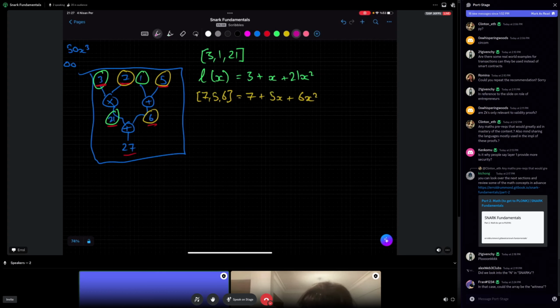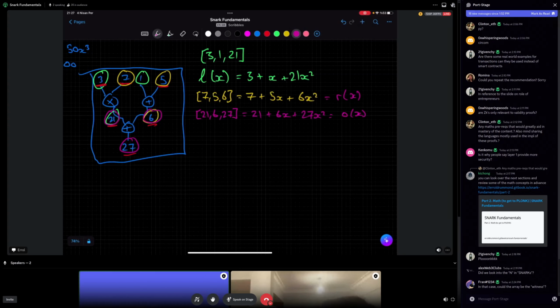And then we're going to do the output y, which is 21, 6, and 27. This is the O of x for output: 21 plus 6x plus 27x squared.